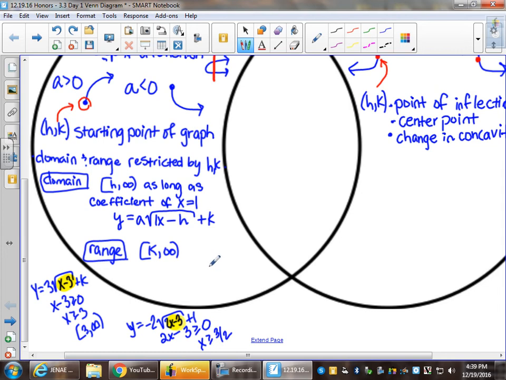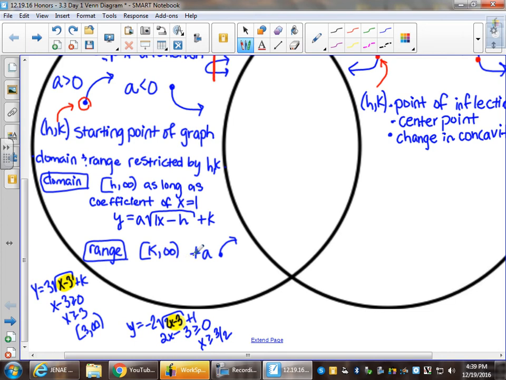The question is, which way does it keep going on forever and ever? Well, if I have a positive a, I know that my starting point will be here, and it's going to go up forever and ever. So this applies to when I have a positive a, because my k value, let's say that we were graphing this one and it was shifted up 1, so this would be a y value of 1 to infinity, 1 comma infinity.